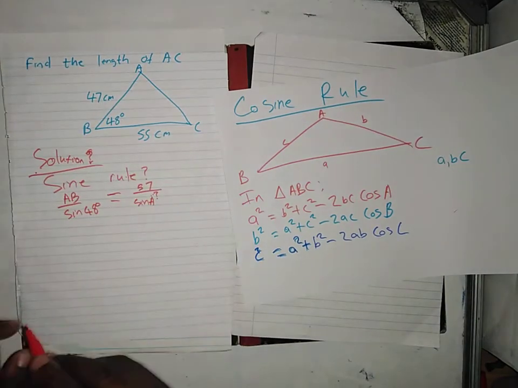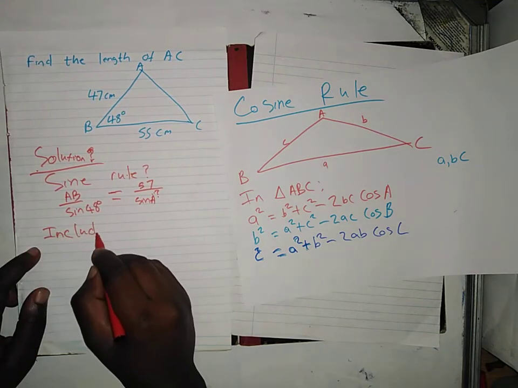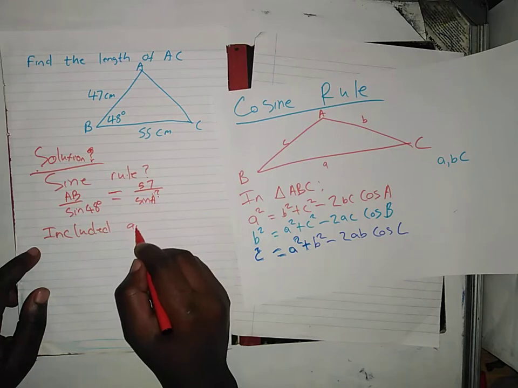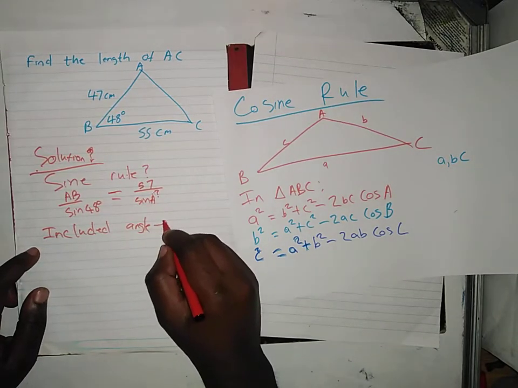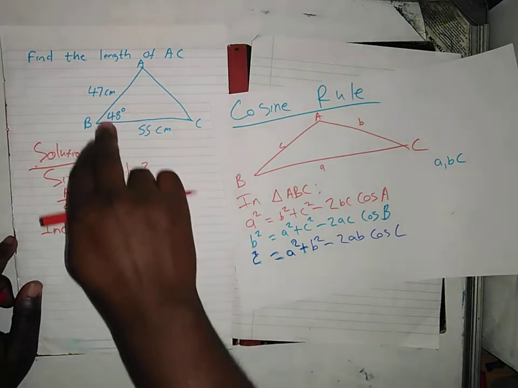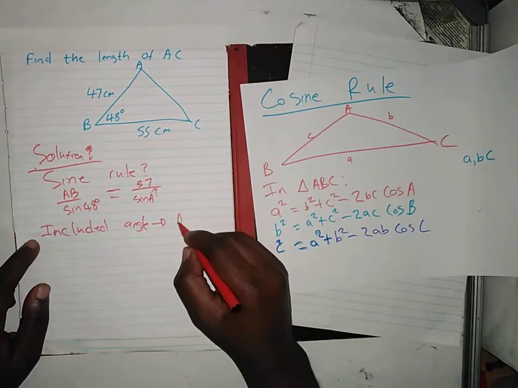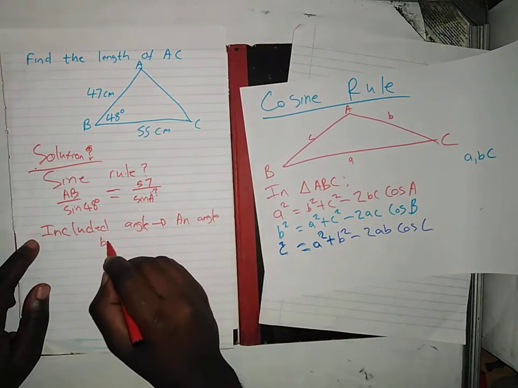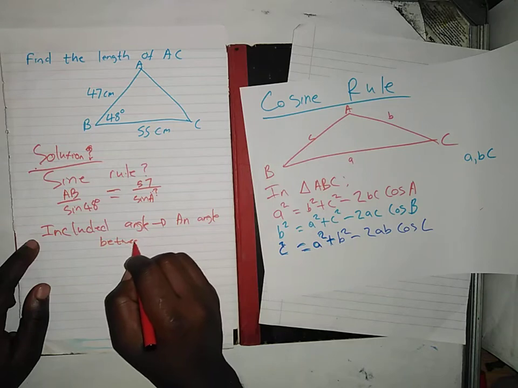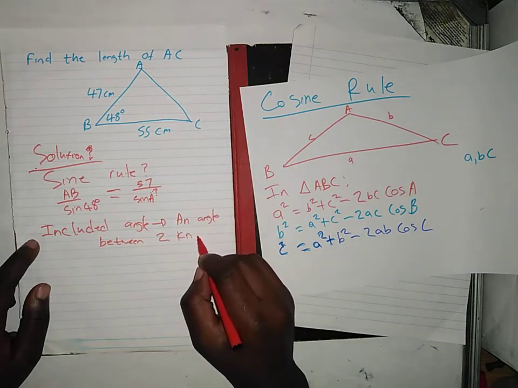Let me write it down. We have an included angle. Now, what is an included angle? An included angle is an angle between two known sides in this particular instance.